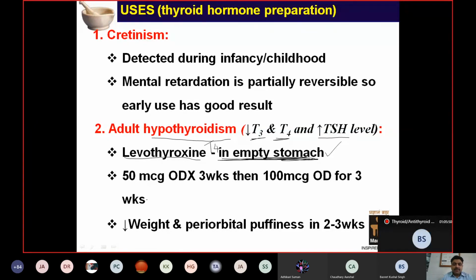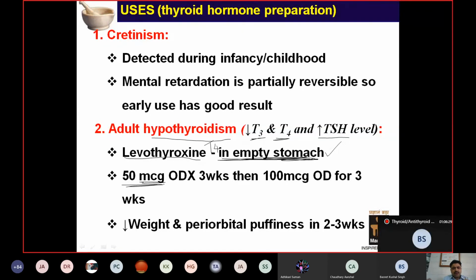Generally, how much deficiency is there, how much decrease in T3, T4, what is the level of T3, T4, and how much TSH has been increased, that determines what dose is to be given. Generally we start with a low dose, because hypothyroidism is not an emergency condition. We start with a low dose, maybe sometimes 25 microgram once a day, 25 or 50 we generally start.